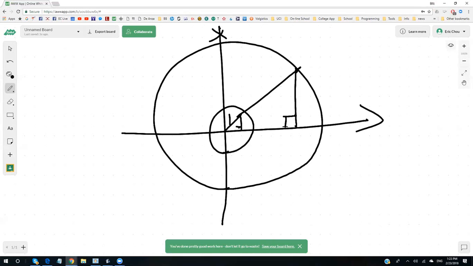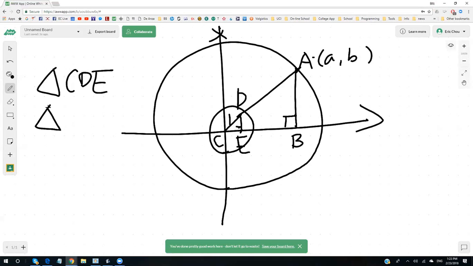Call this point A, this point B, this point C, this D, this E. Triangle CDE and triangle CAB are similar but not congruent, but the ratio is the same.